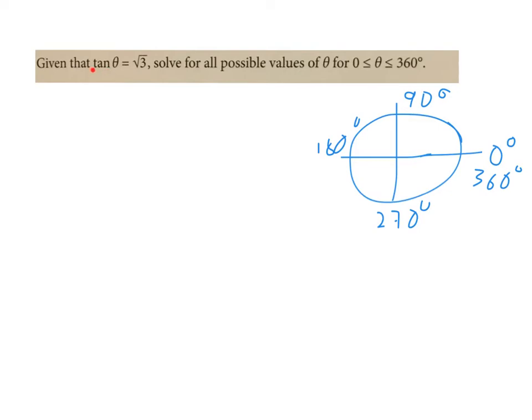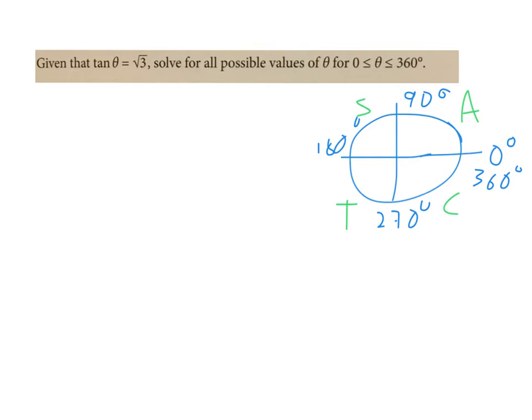We know from here that tan is positive. So we're going to look on our circle now and see what angles or what quadrants that's true for. So again, all students trust calculators. So tan is going to be positive here in the first quadrant where all of them are positive, and tan is going to be positive here in the third quadrant.